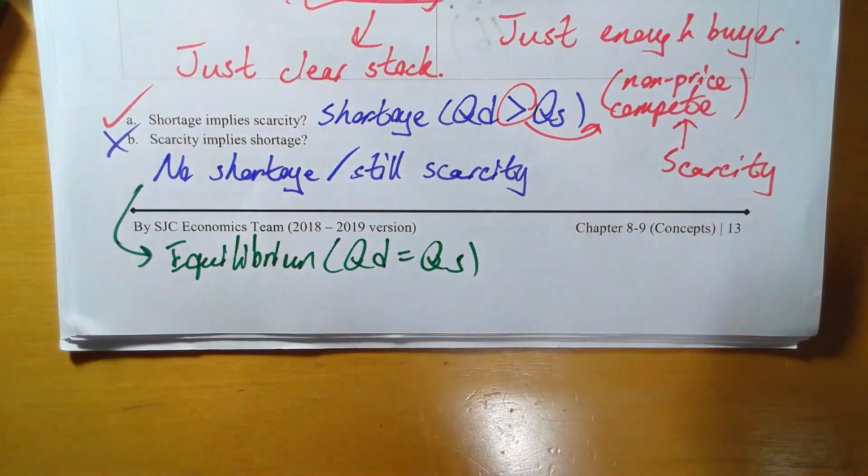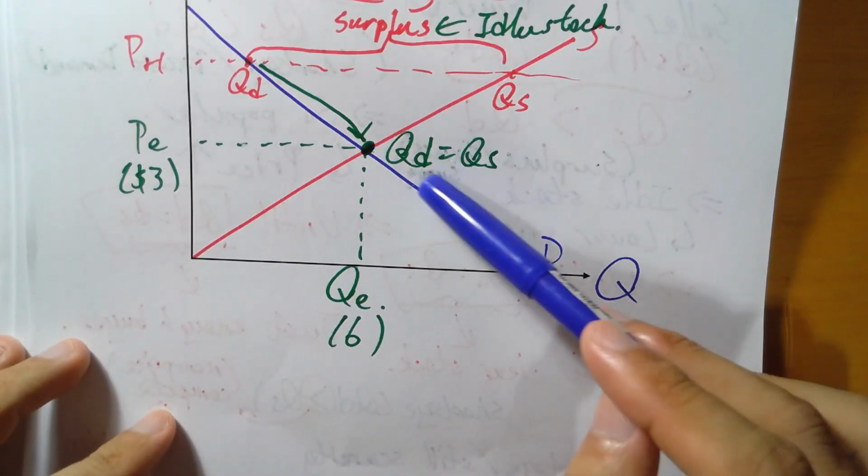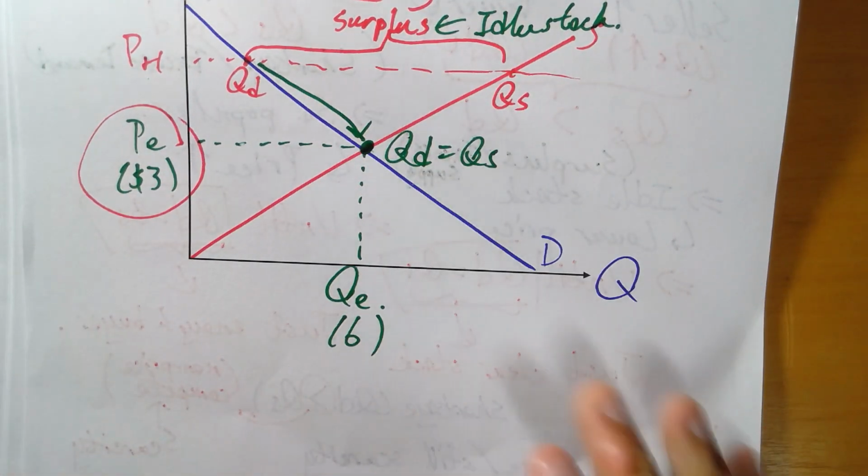Okay? But you remember from the diagram, even if QD is exactly equals to QS, you see something on the left hand side. 咩嚟㗎？We call this a price.